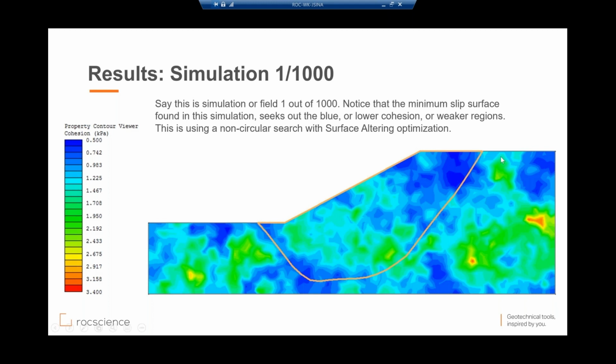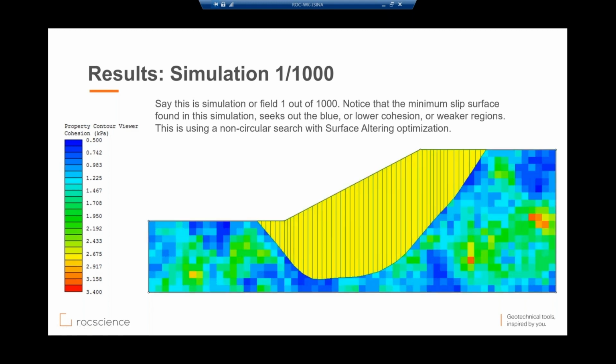material. But in Slide2, we have a unique method called surface altering optimization technique, together with other metaheuristic approaches, that actually finds the critical failure surface that goes through the weak region. And still, this is the method of slices, so it's not something weird. It's just an advanced limit equilibrium method.